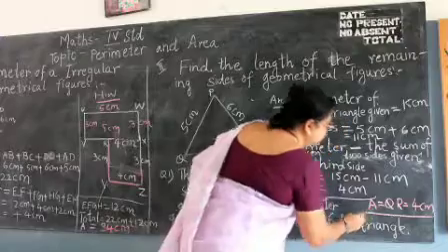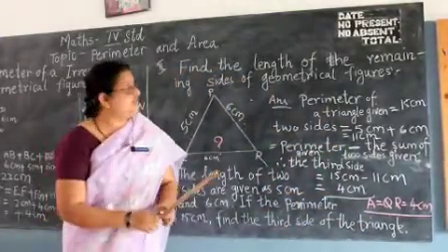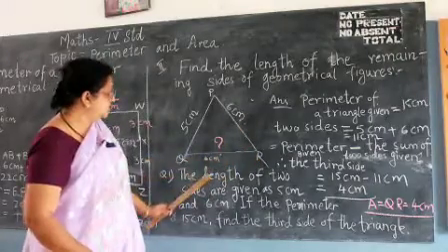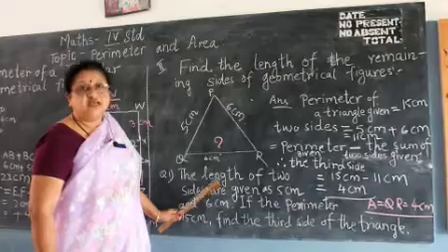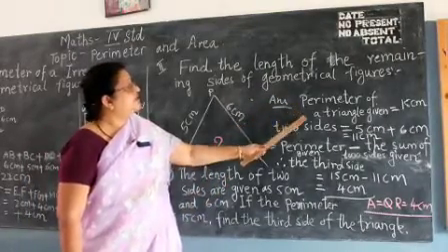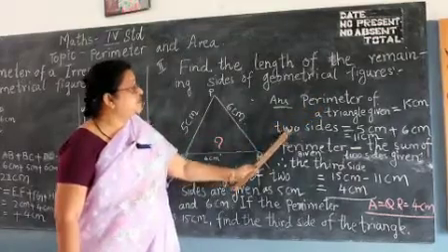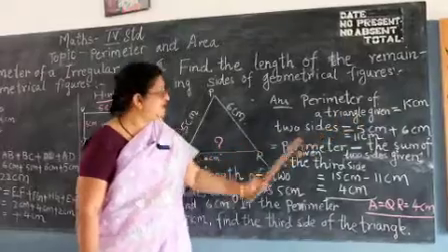This is the answer. So in the exam, whenever you do the sums, you have to read the question carefully. What is given you have to see, and what you have to find. Here they have given the perimeter of a triangle is so much, two sides is equal to 11. How are you writing? Adding both the sides.